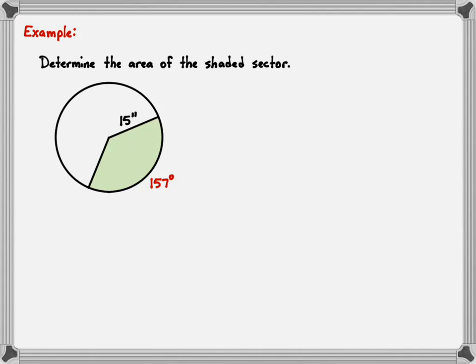So let's go ahead and take a look at an example, just one example. We are looking for the area of the shaded sector. Well, how many degrees is that shaded sector out of the entire thing? You can see that the degree measurement is 157 degrees. I would have to turn my body from looking at this point, I'd have to turn it around to look at this point, 157 degrees.